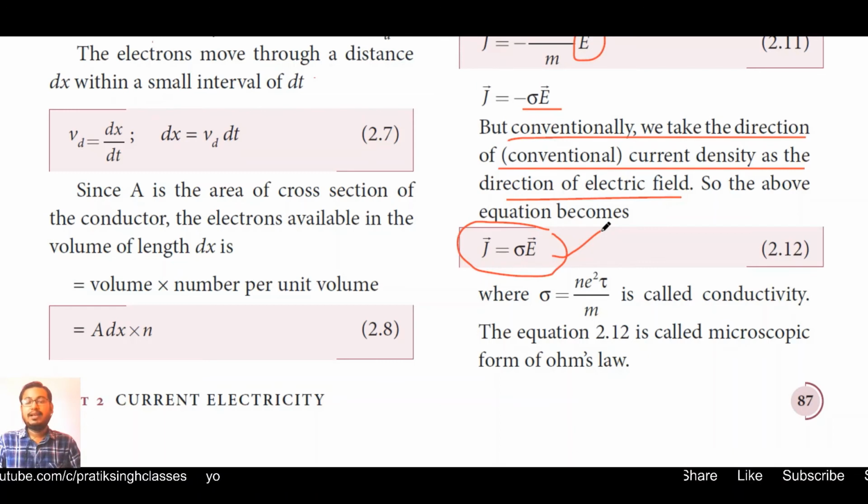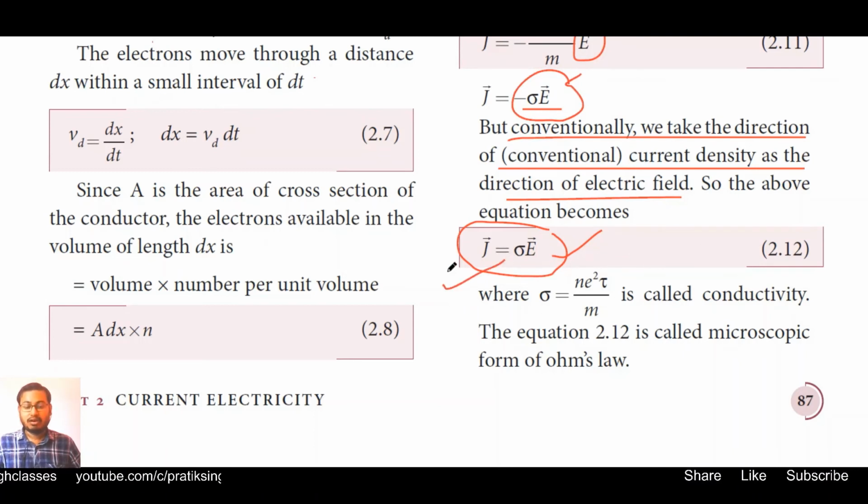The direction of flow of charges and the direction of flow of conventional current are opposite to each other. But for convention, we take the direction of flow of current as the conventional current. So equation 2.11, that is -σE, is just written as σE.